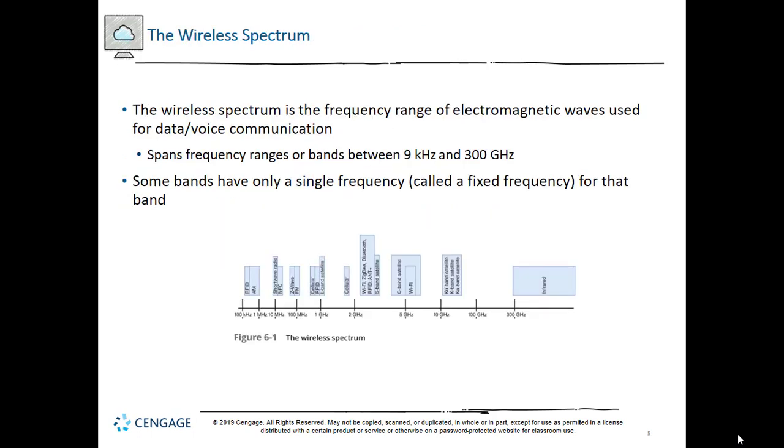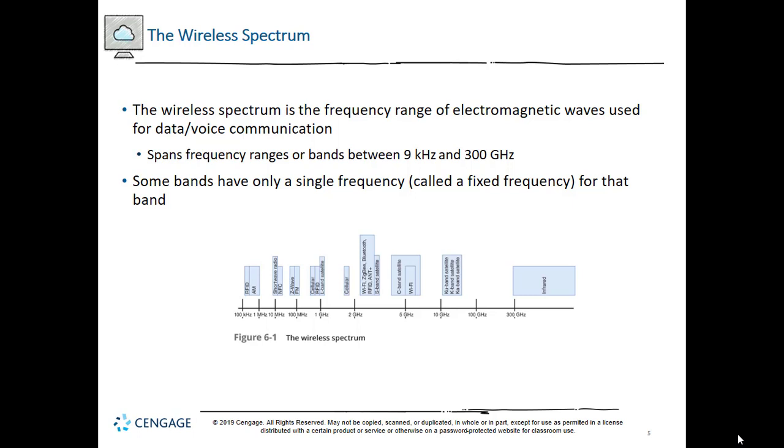It all comes down to what we call the wireless spectrum. All wireless signals are carried through the air by electromagnetic waves. The wireless spectrum, commonly called the airwaves, is the frequency range of electromagnetic waves used for data and voice communication, as defined by the FCC.